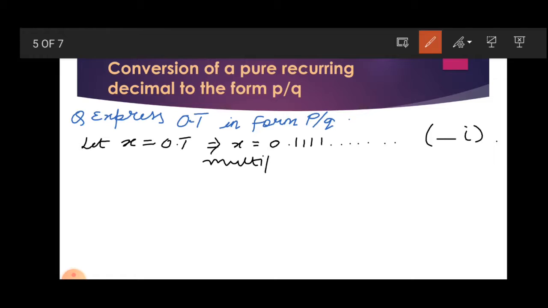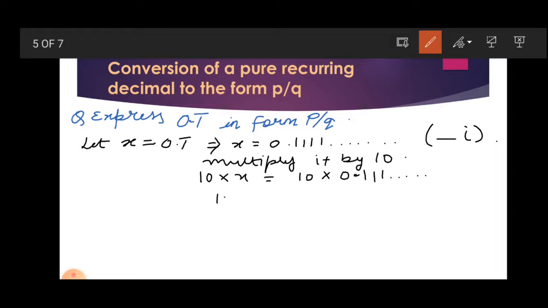Multiply it by 10. So 10 into x is equal to 10 into 0.111 and so on.